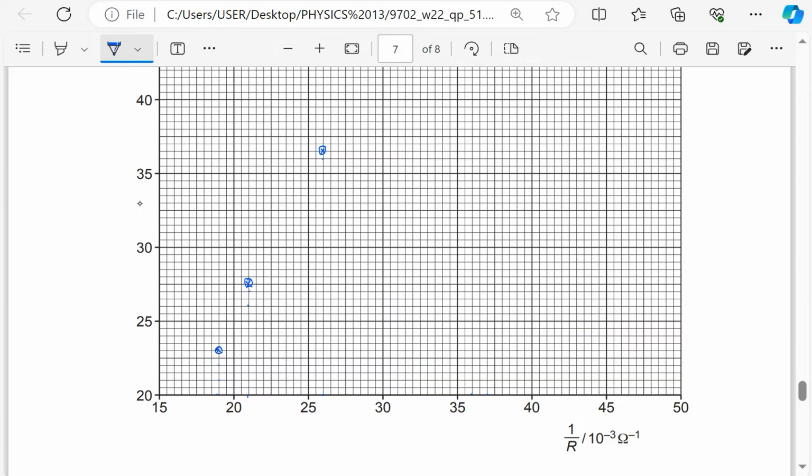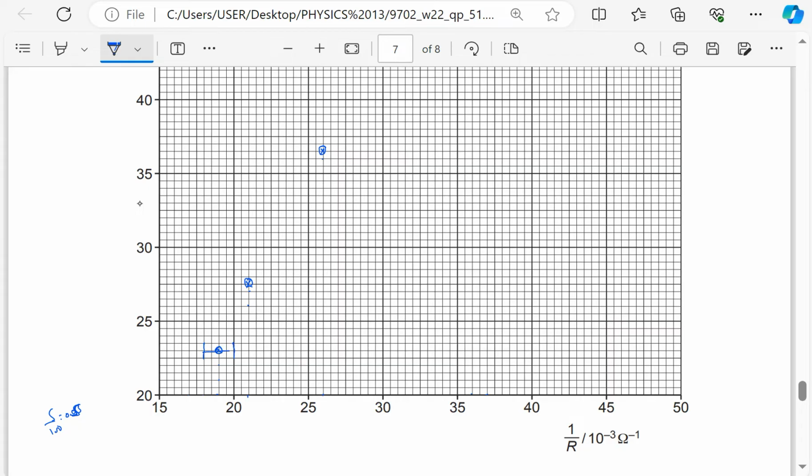Okay, then I'll plot the error bars immediately. The one at the bottom was 1 plus or minus 1. Remember the scale on the horizontal is 5 over 10 small squares, which is 0.5. So plotting 1, those are supposed to be 2 squares. So I have 2 squares to the left and 2 squares to the right.